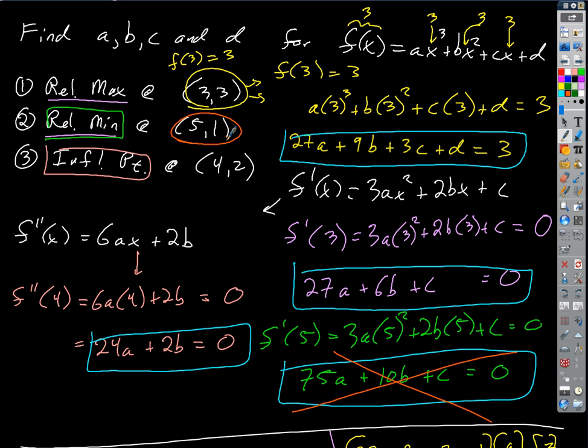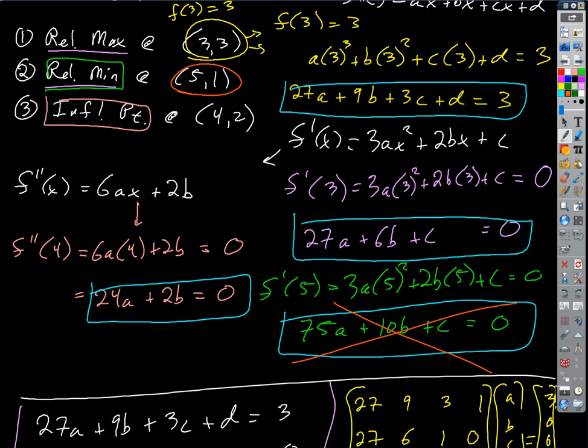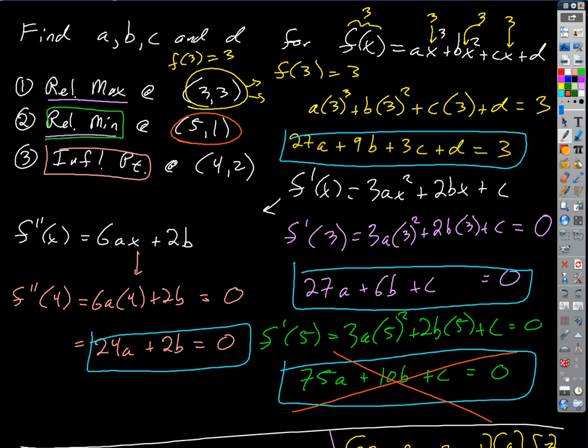See if we can do that all in our head, we're running out of time here. A times 5 cubed is 125, so we get 125a plus b times 5 squared, 25b, plus 5c plus d equals 1.